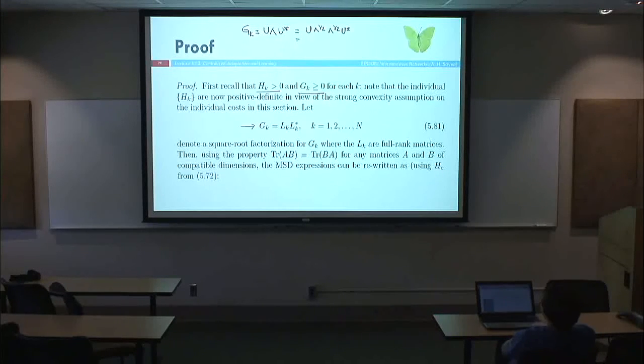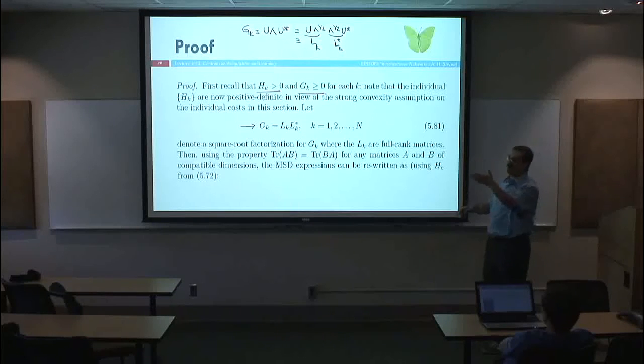And then just call this L_k star. If lambda has some zero eigenvalues, I can write this as U1, U2 times lambda 1, 0.